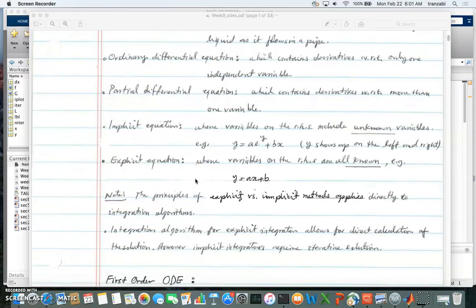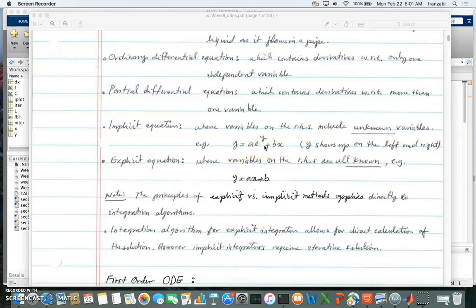Other terms are implicit equation and explicit equation. In an implicit equation, we have the unknown on both sides of the equation. Let's say in this case, y is a function of x. So I'm looking for y as a function of x, but y shows up on both sides of the equation.